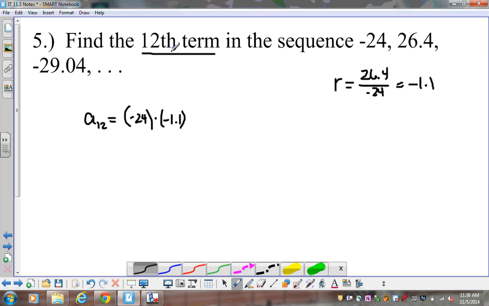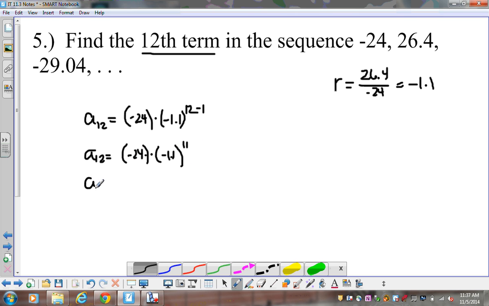Remember, I'm looking for my 12th term, so my n value is 12, so it's 12 minus 1. All right? So the first step, just plug everything in. Next thing, we'll start simplifying. So I've got negative 24 times negative 1.1 raised to the 11th power, because 12 minus 1 is 11.